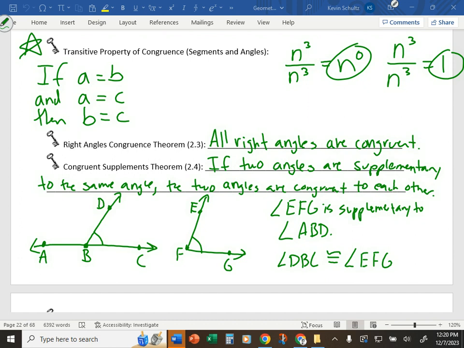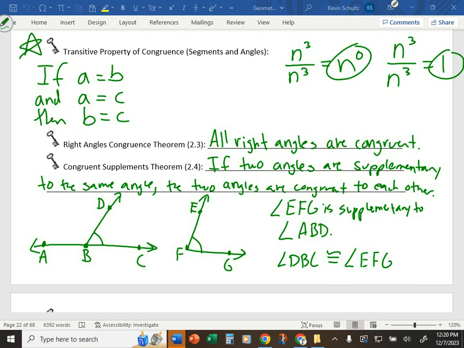Okay? The wording was just confusing. We know, because these are a linear pair, that DBC is supplementary to ABD, right? Follow that?